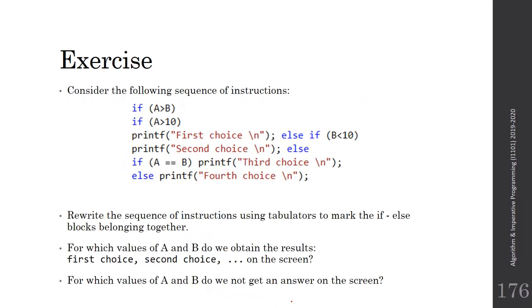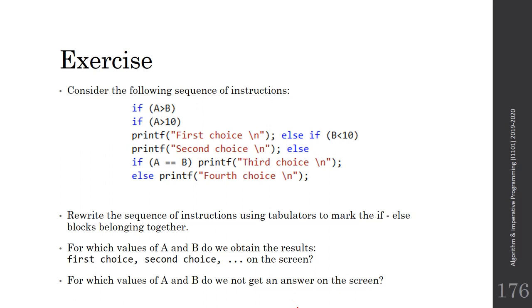So let's have another exercise here. The exercise is on page 64 in the book. It's exercise 6.2. So we have again ifs and elses. They are not well tabulated. They're asking us to rewrite the sequence of instructions using tabulator in order to mark the if and else.